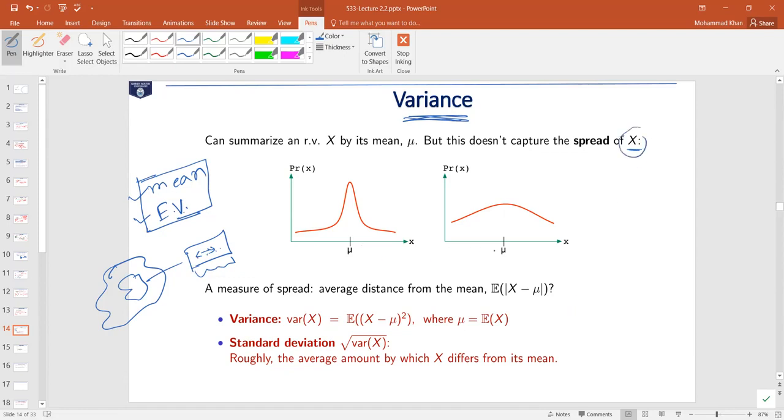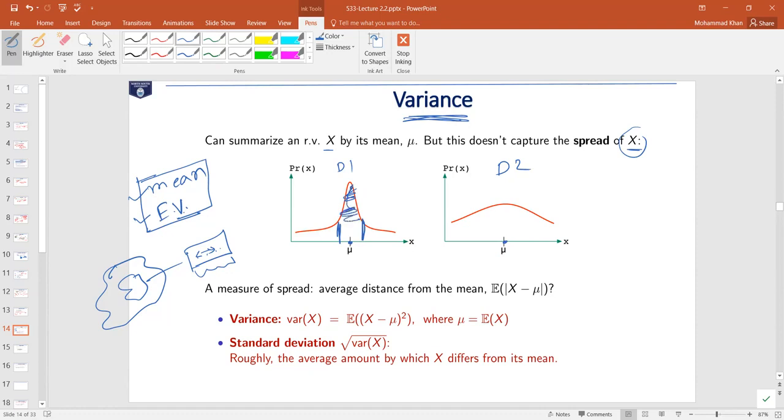For example, here we see random variable x has two different distributions, distribution 1 and distribution 2. For distribution 1, this is the expected value. And for distribution 2, the expected value is the same, mu. Now for distribution 1, most of the values of the sample space are around the mean value.